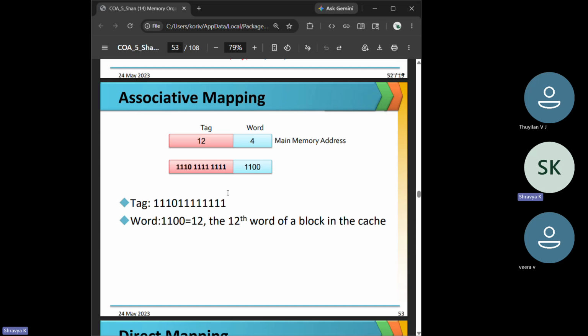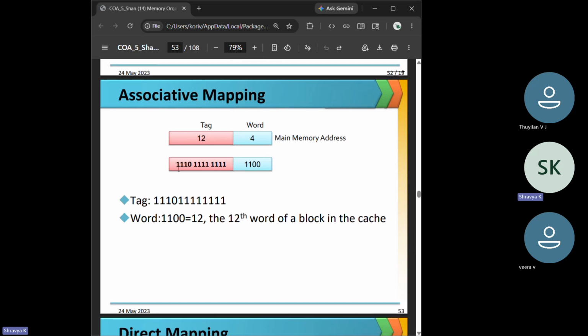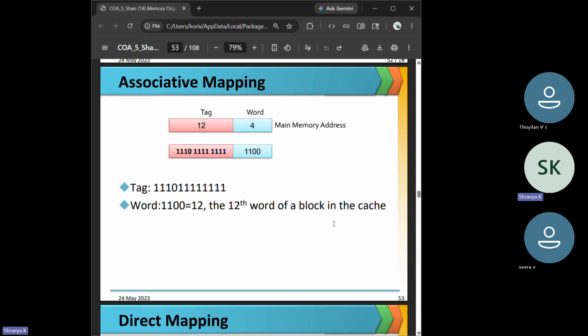You can see over here that in this main memory address, which is 16 bits, the tag has 12 bits and the word is 4 bits. Since the word is 12, the 12th word within a block of the cache is checked, right?